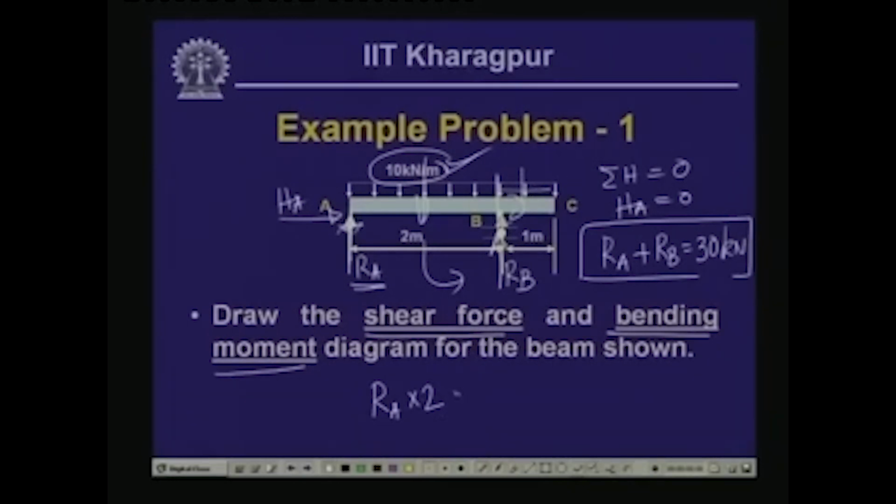So, Ra into 2 plus 10 into 1 into half is the moment about this point, and this part is minus 10 into 2 into 1, equal to 0. So, 10 into 2 is 20 and this is 5, so minus 15. So, Ra is equal to 7.5 kilonewton, and correspondingly Rb is equal to 22.5 kilonewton.